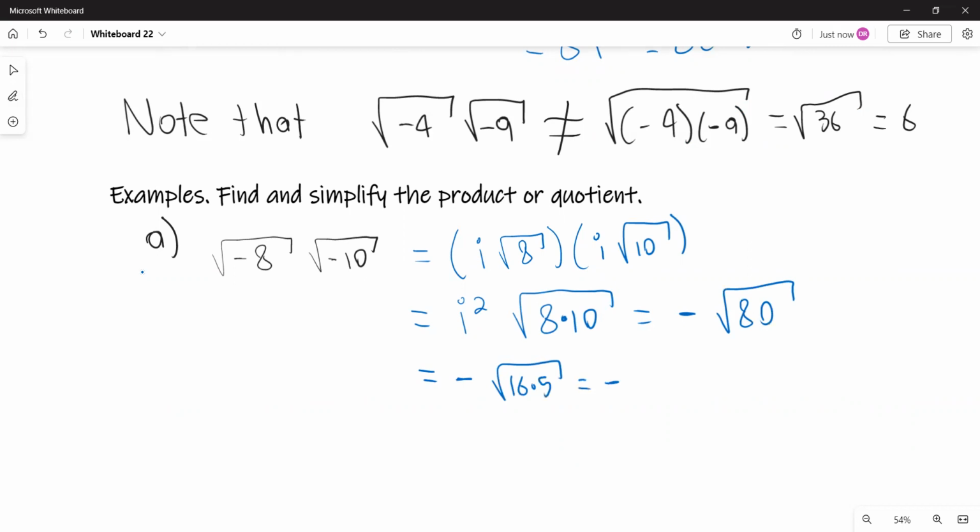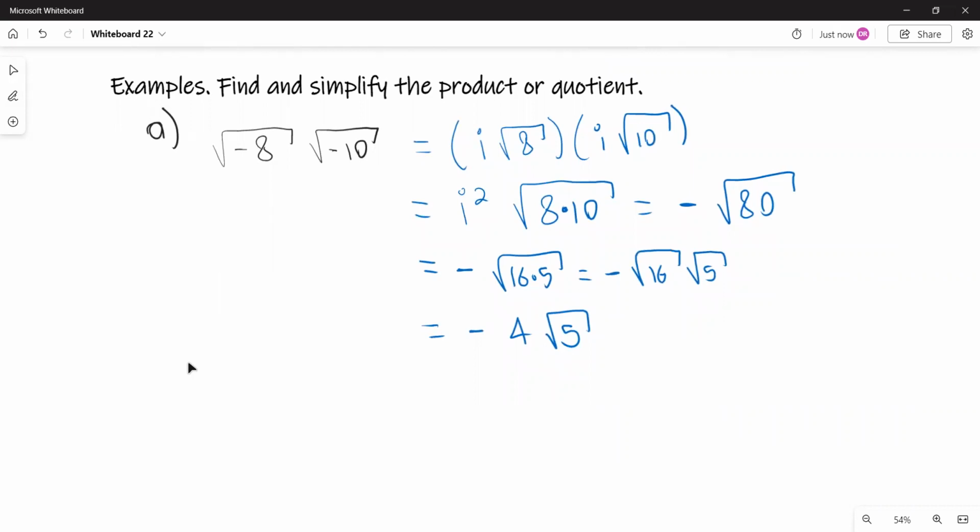And now 16 and 5 are positive, so we can separate the square roots: the square root of 16 times the square root of 5, where the square root of 16 is 4. So that's -4 times the square root of 5. So the answer ended up being a real number.